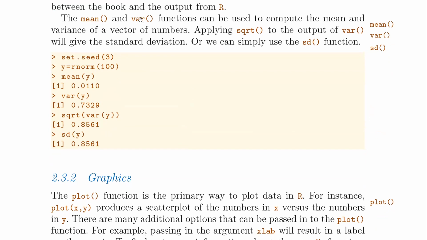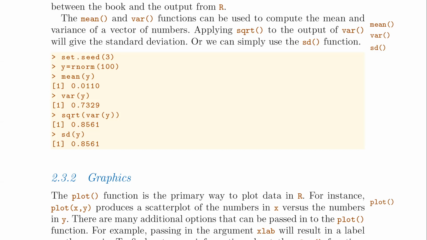The mean and var functions can be used to compute the mean and variance of a vector of numbers. So mean is the same mean that we learned at secondary school. It's summarizing your data, whereas the variance I shall always describe as giving you an idea of the variability within the data.